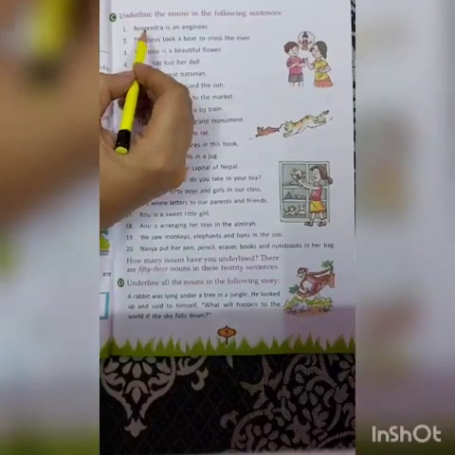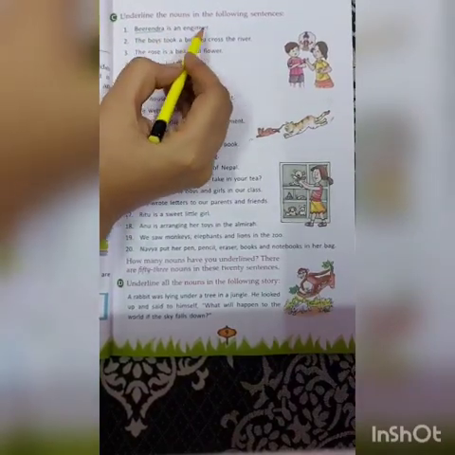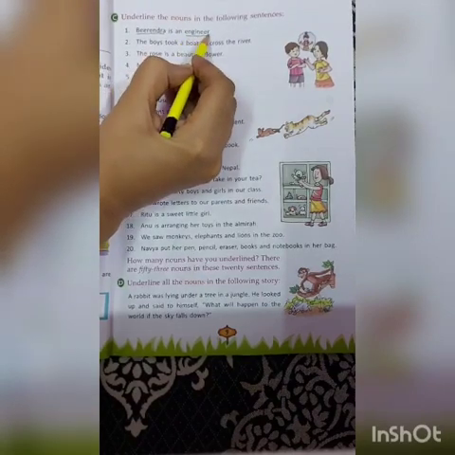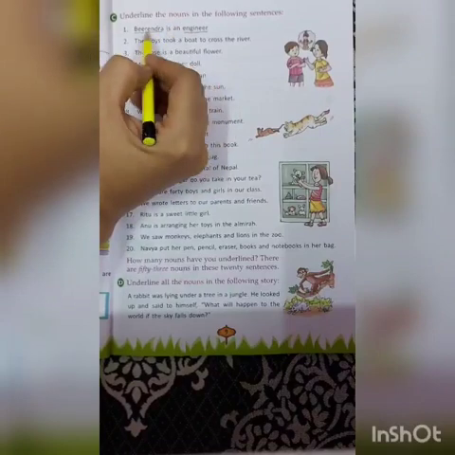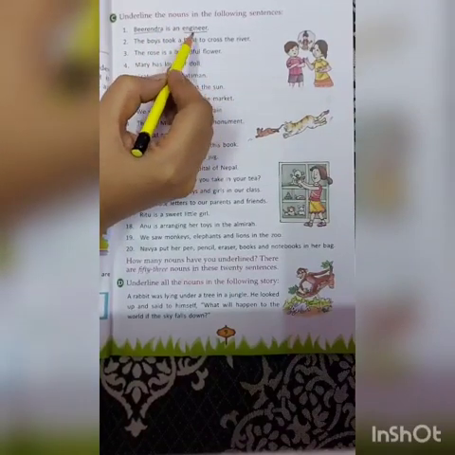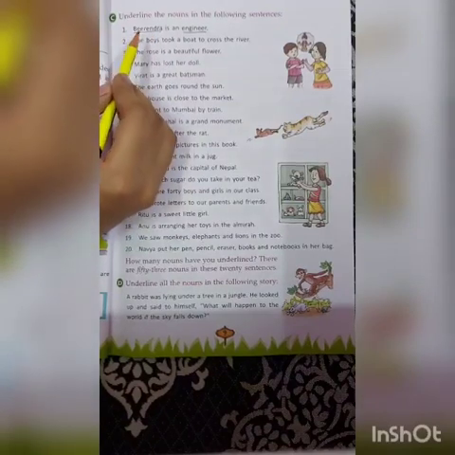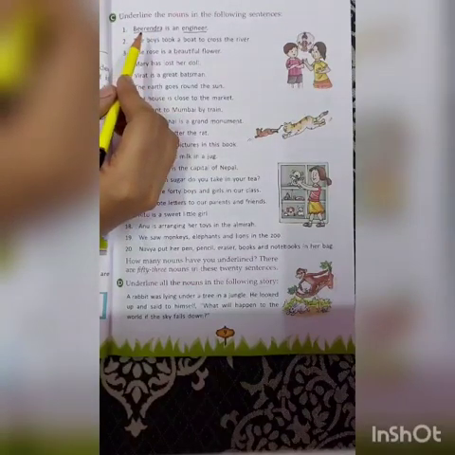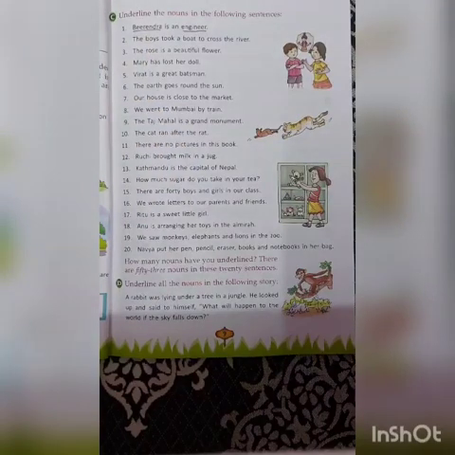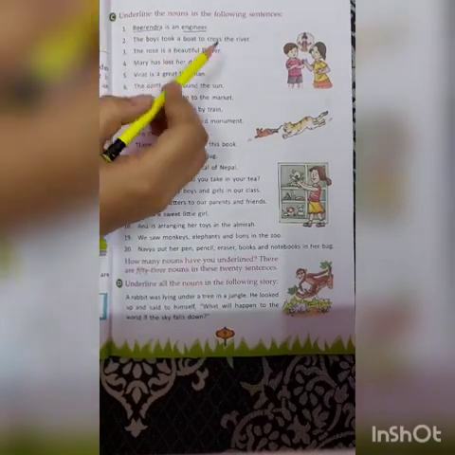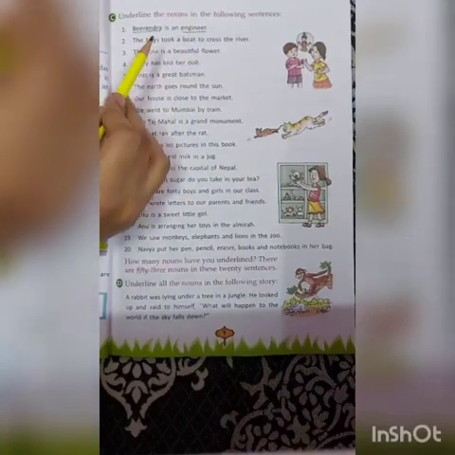Now here, the words Birendra and engineer are what? Both these words are nouns. Why? Because they are the names of persons. Birendra is a name and similarly engineer is also a name given to a person.